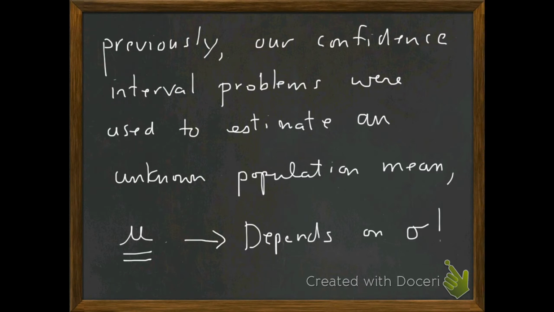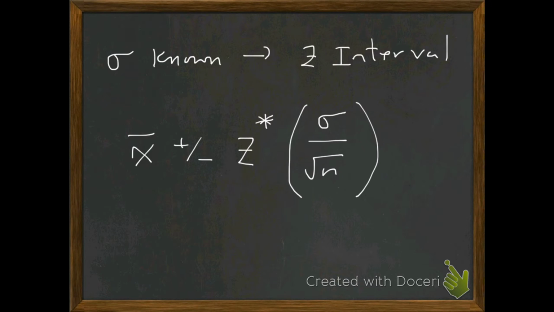But these types of problems, which were trying to estimate an unknown population mean, depended on whether or not the population standard deviation was given. When the population standard deviation was known, we used it, and the confidence interval formula we used is called a z-interval. And you've seen that formula ad nauseam.